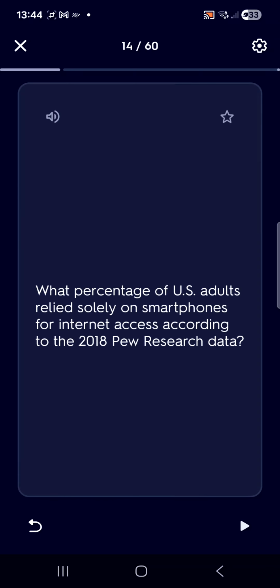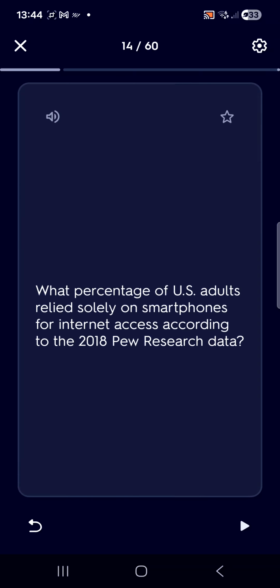Which generation of cellular technology first enables cell phones to access the internet? That would be 3G. 3G was the generation of cellular technology that first enabled cell phones to access the internet.